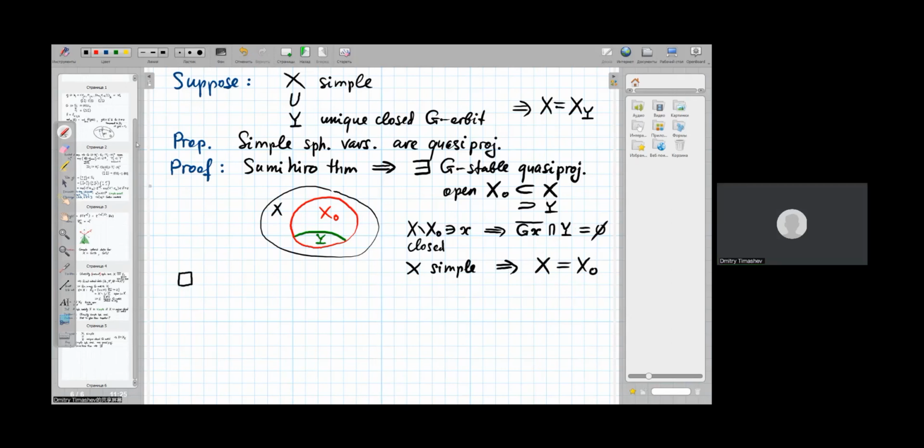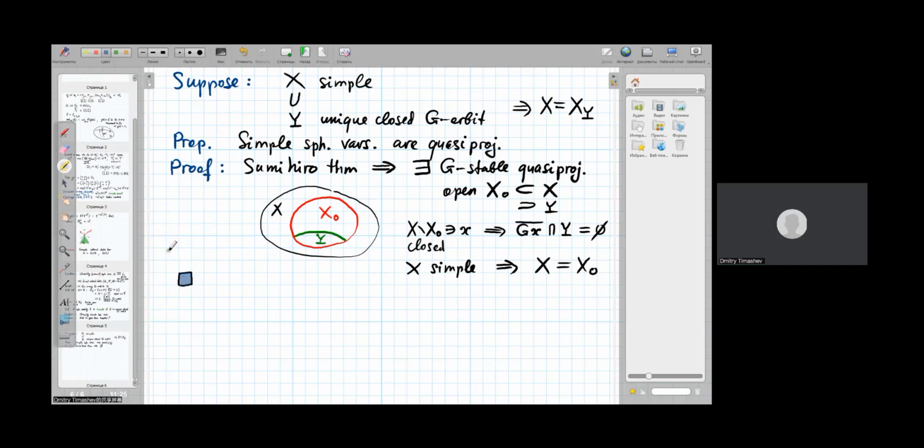Professor, I have a question. You mean that Y is a unique closed orbit. So how can we deduce from that every orbit closure should contain Y?